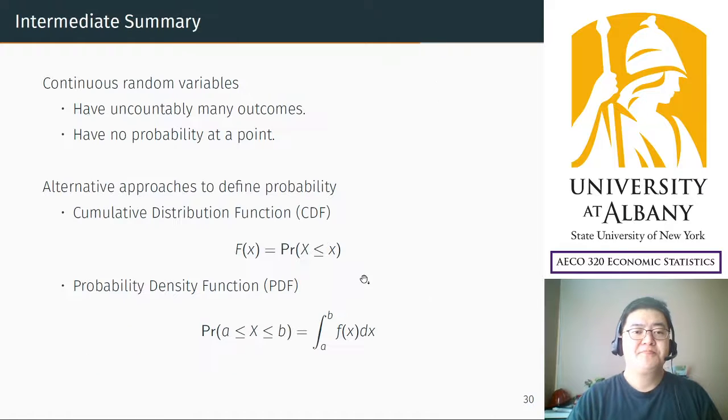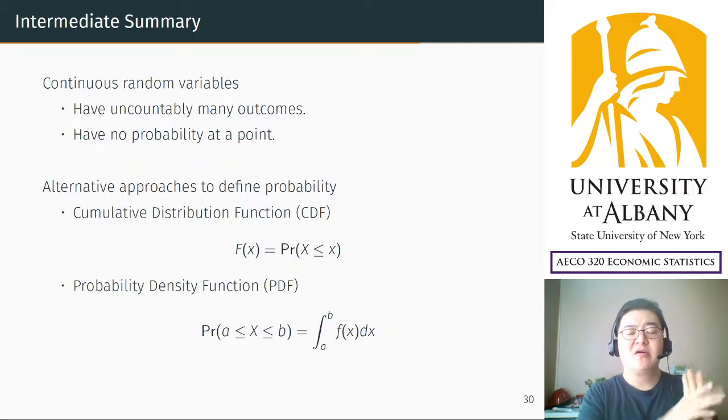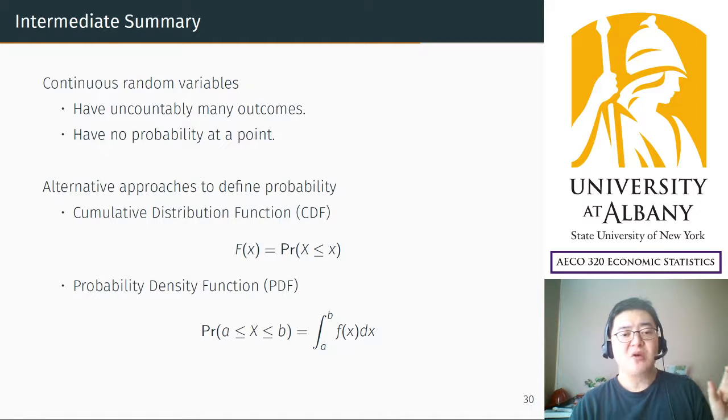Okay, then intermediate summary. So far, we have studied the difference between a continuous random variable and a discrete random variable. Simply speaking, continuous random variables have uncountably many outcomes. It causes a problem. And second, it has zero probability at a single point. So these two properties are troublesome. So we need to consider alternative approaches to define probability.